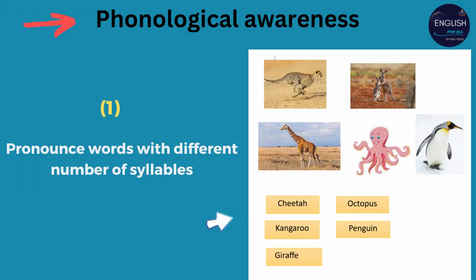Next, phonological awareness. Here in this activity, first we can ask learners to pronounce the given words, and next we can ask learners to pronounce the words and clap for each syllable. As an example, the word cheetah. It has two syllables, so we can pronounce it as chee-tah.